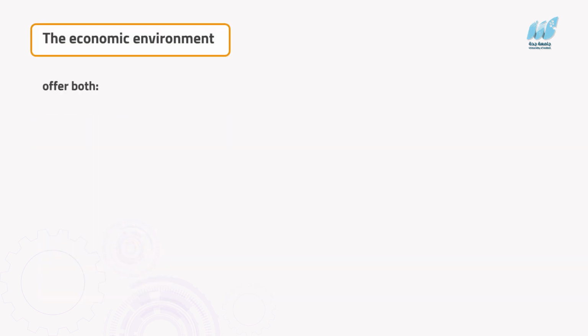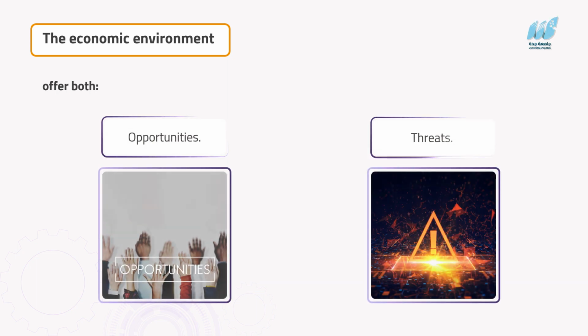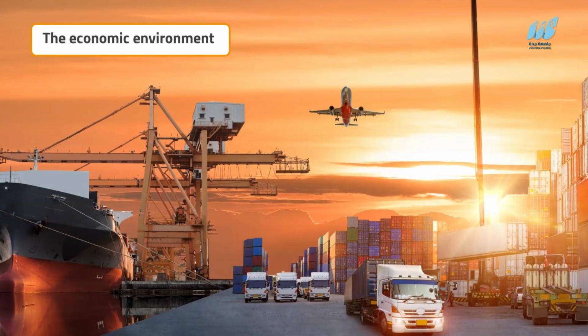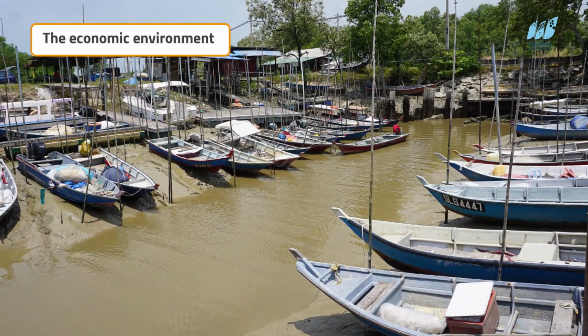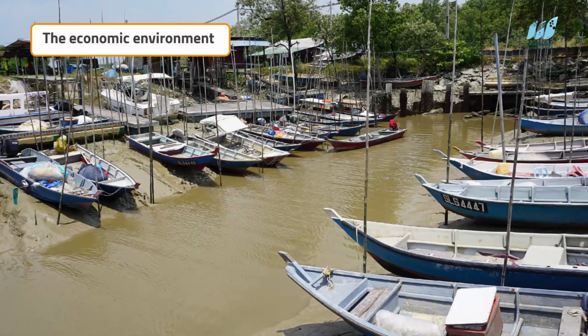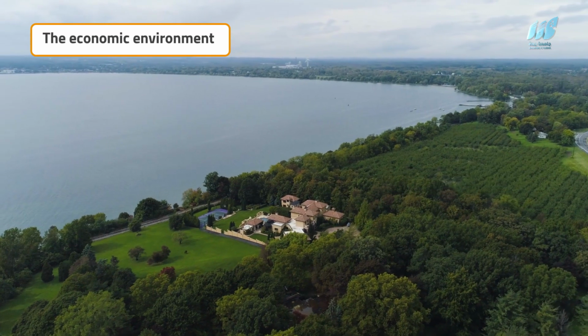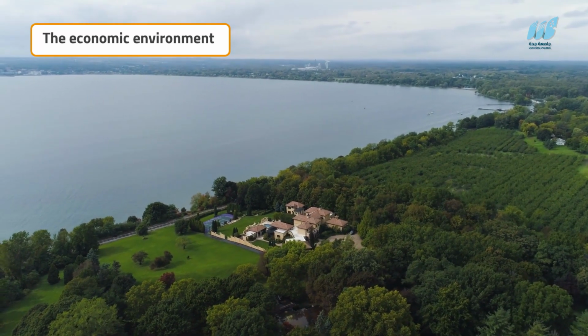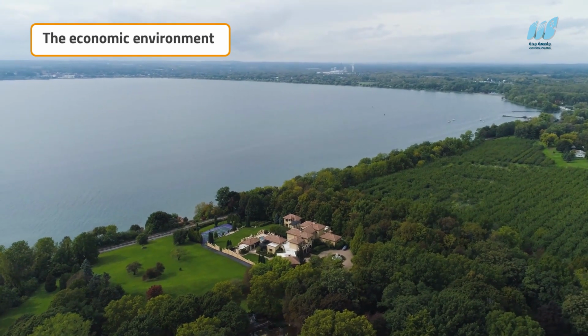The economic environment can offer both opportunities and threats. Nations vary greatly in their levels and distribution of income. Some countries have industrial economies. At the other extreme are subsistence economies. In between are developing economies that can offer outstanding marketing opportunities for the right kind of product.